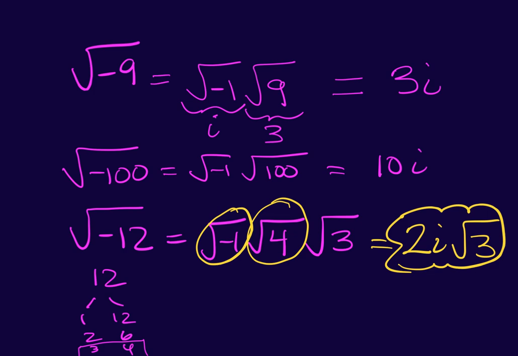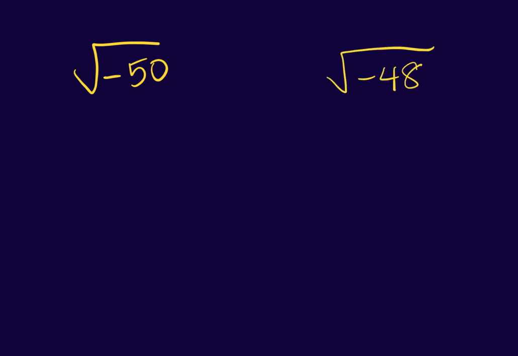So let's try a couple more of those before we do a few other things here. I'm going to have you try these ones right here. I would like you to try to simplify negative 50, and let's try a negative 48.